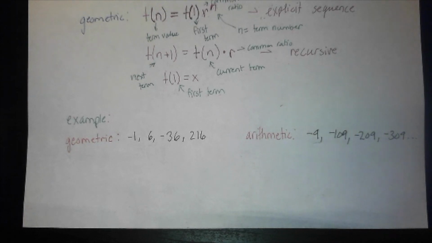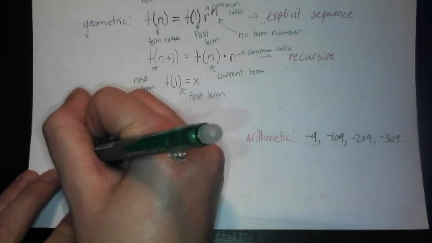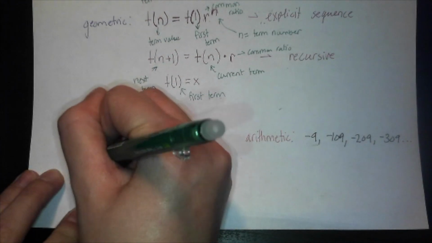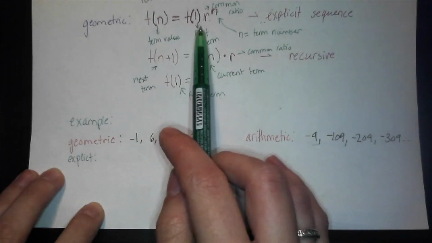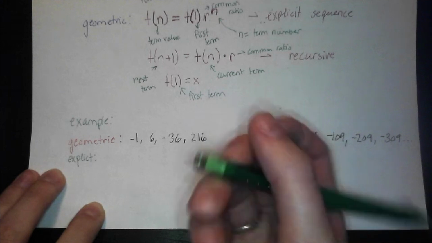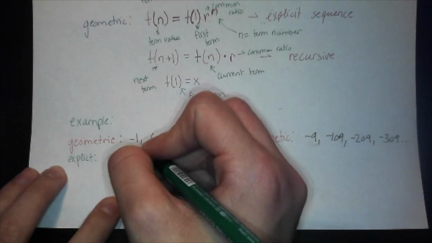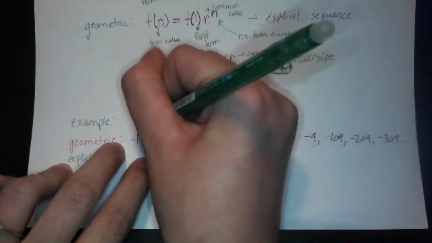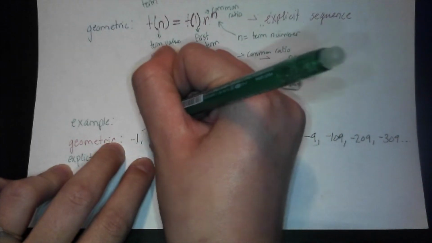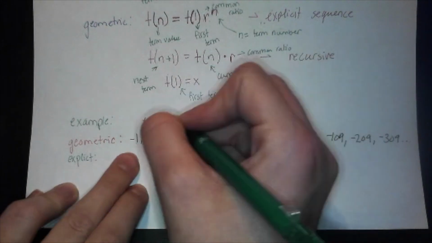with this geometric sequence. We're going to write both a recursive equation and an explicit equation with it. So I'm going to start us off with the explicit. So we're going to follow the form up here, t of n equals t of 1 times r to the n. But first we need to probably find what our common ratio is. So we get from -1 to +6 by multiplying by -6, okay?